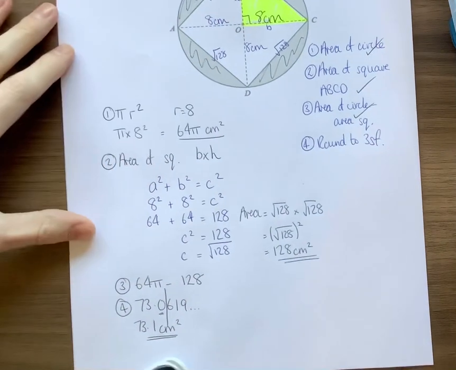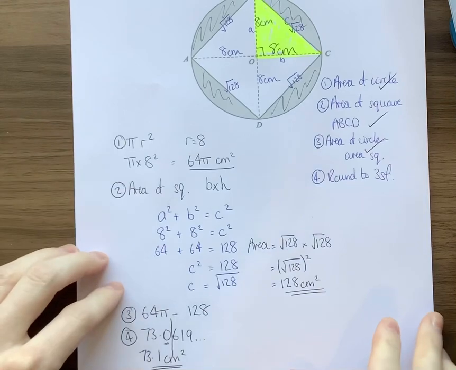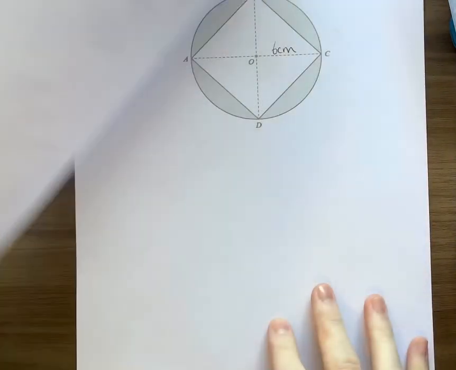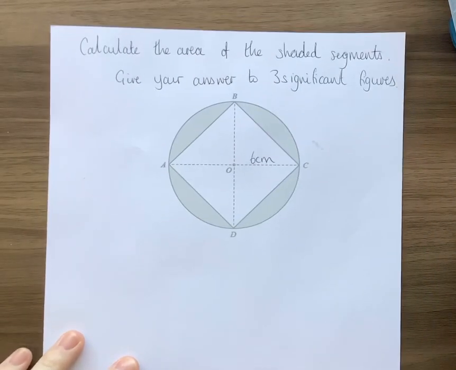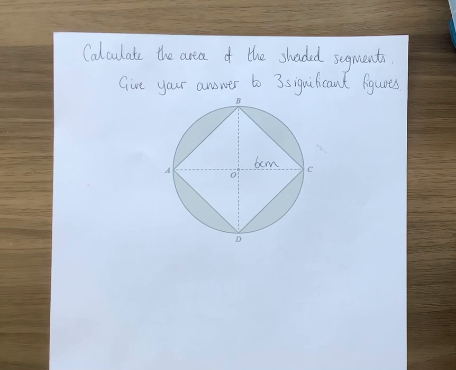Okay? Now, what I suggest is you've used that, and I'm going to set you another question. What I would do now is pause the video and work out the answer myself. Okay, what I will do is now go through the solution so that you know whether you were correct or not when you worked it out.